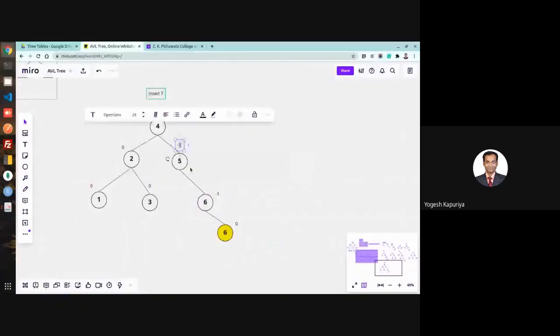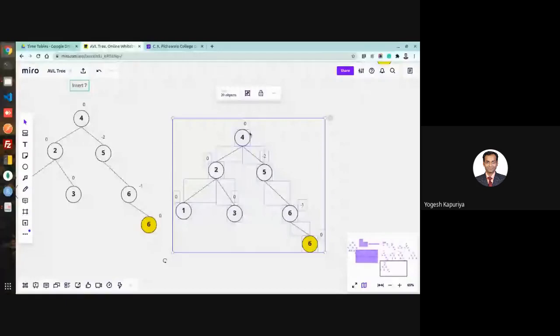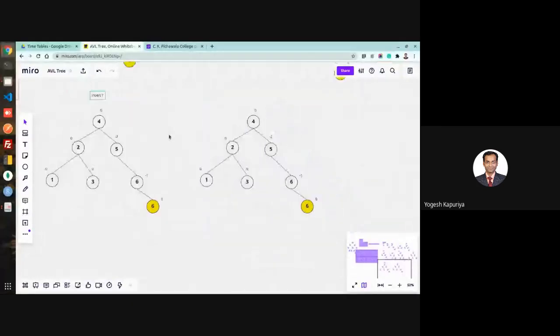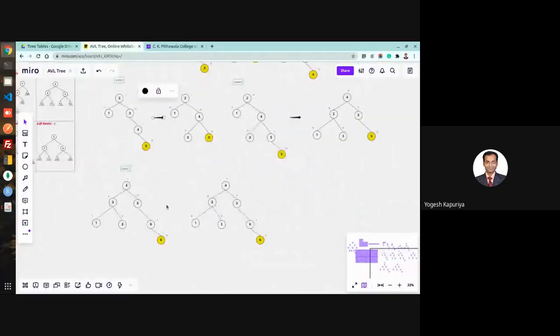Zero. This is minus 2 here. Again, this is a right case, so rotate left. So this will be rotated in the left direction. So this is a rotation.